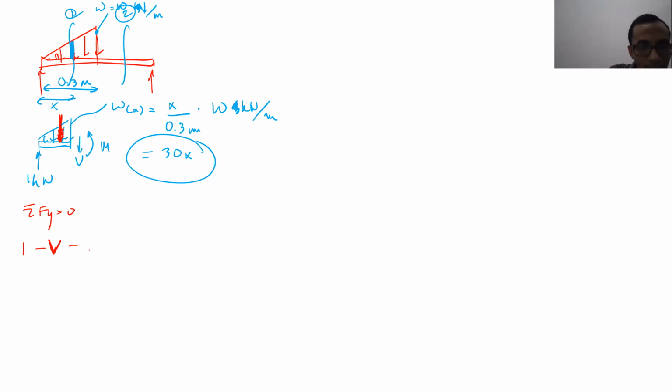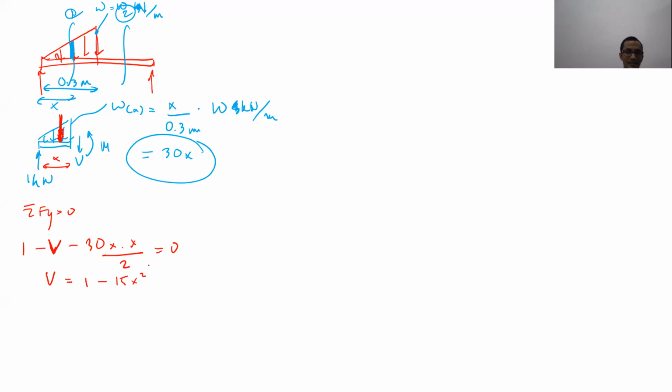The resultant is 30x multiplied by the length here, which is x, divided by 2, equal to 0. So your phi will be 1 minus 30x squared over 2, which is 15x squared. Something like that. You get it, right?